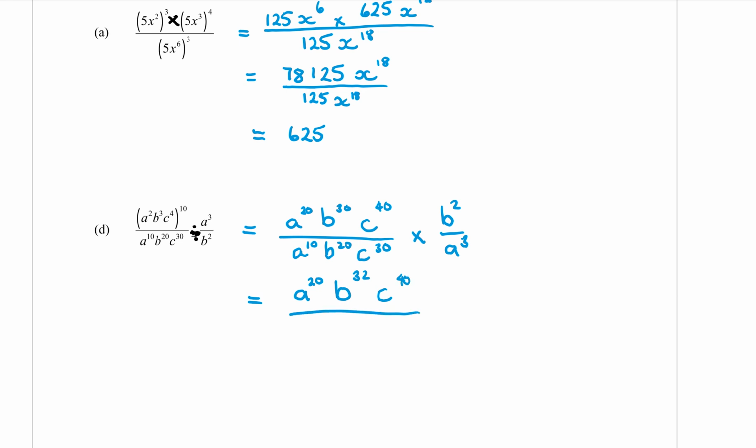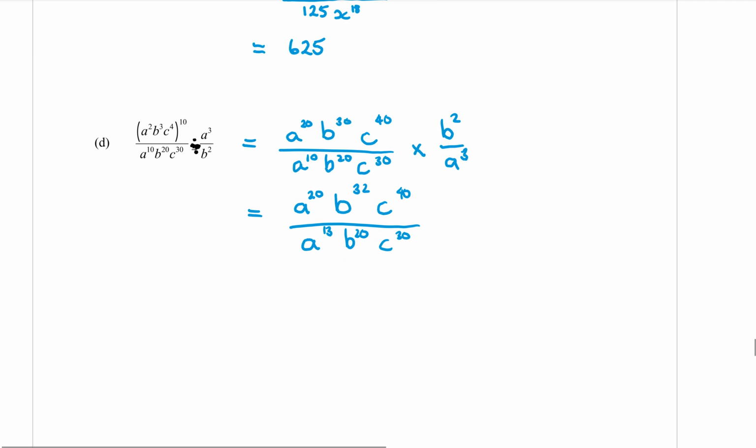Now on the bottom, we have this A to the power of 3 that we need to multiply in with this one, with this A. So we add the powers. 10 plus 3 is 13, but the B stays the same and the C stays the same. Okay, last step is to do the division. Now you do each different base separately.